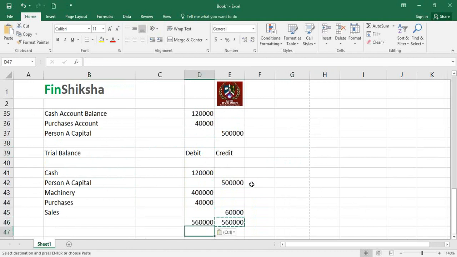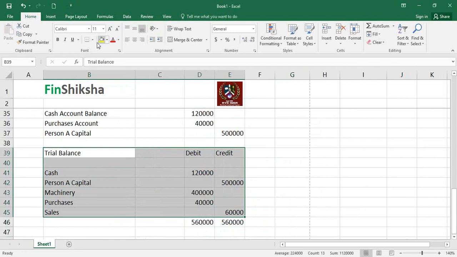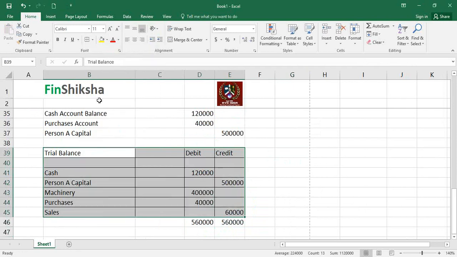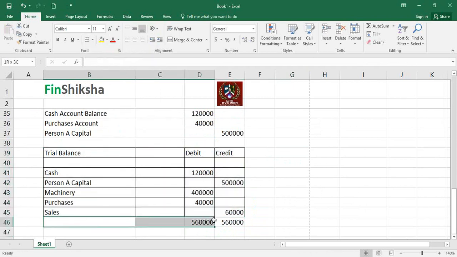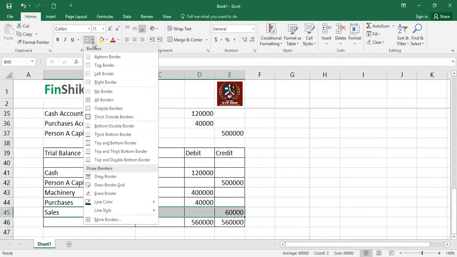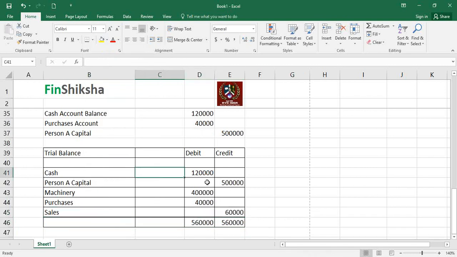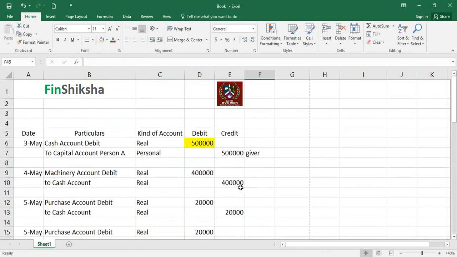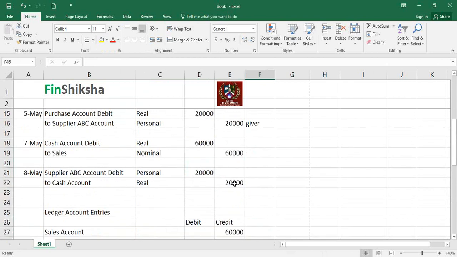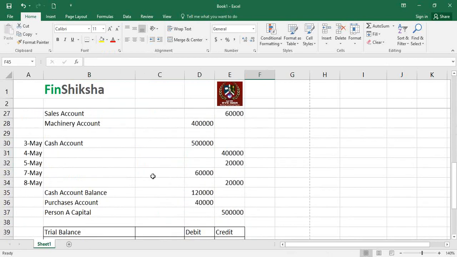And if I do a copy paste formula, you will find that the trial balances, both the debit and credits are equal, and we can delineate it in this way so that the total debits equal the total credits in this case. And that's basically how we go about journalizing a certain set of transactions, creating ledger accounts out of that.